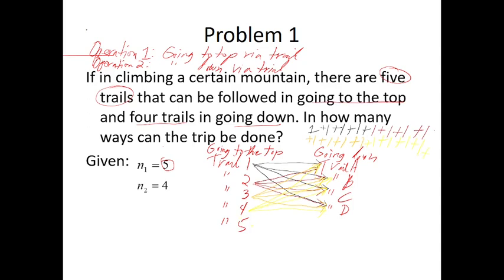Next, trail 5 to trail A, trail 5 to trail B, trail 5 to trail C, and trail 5 to trail D. And if we sum all of those, 20, right? 4, 8, 12, 16, 20.